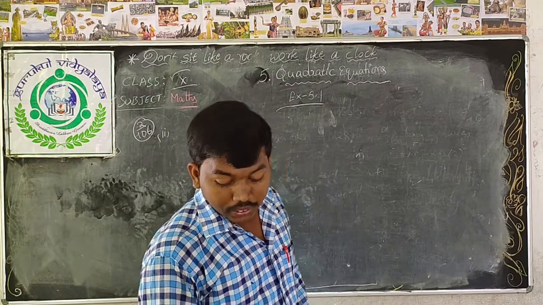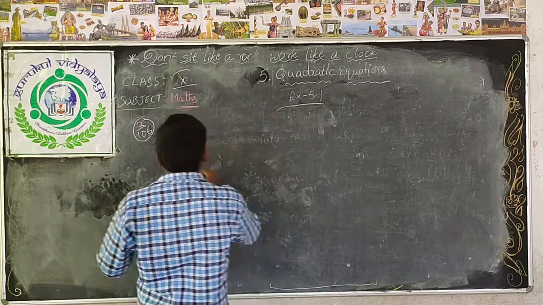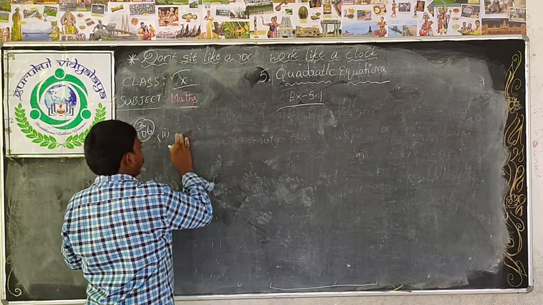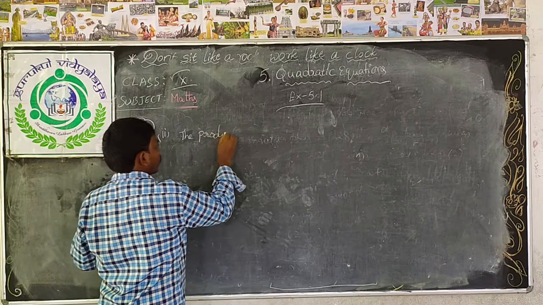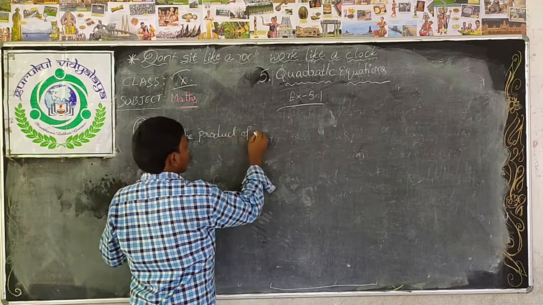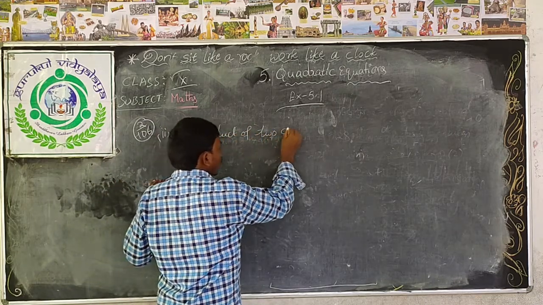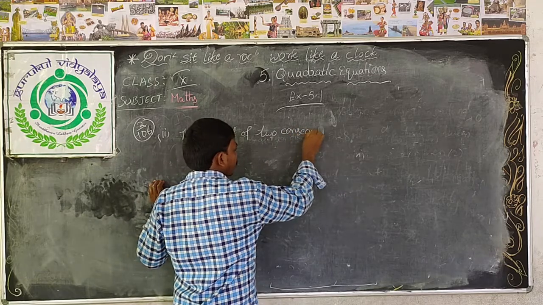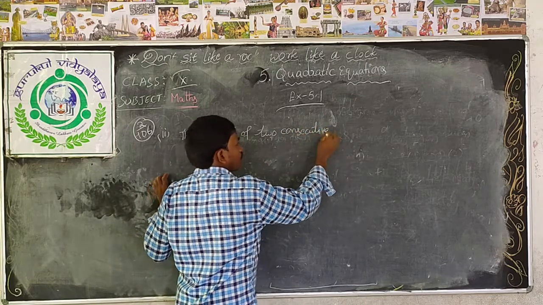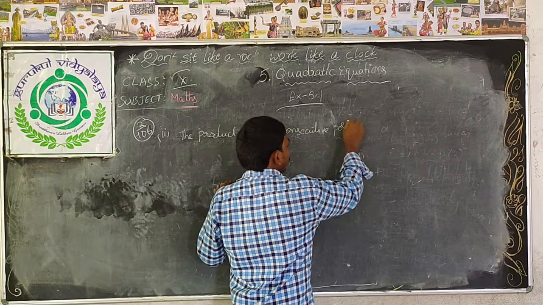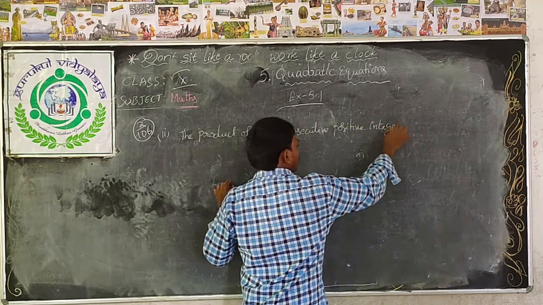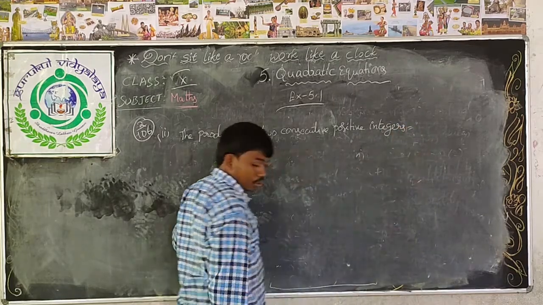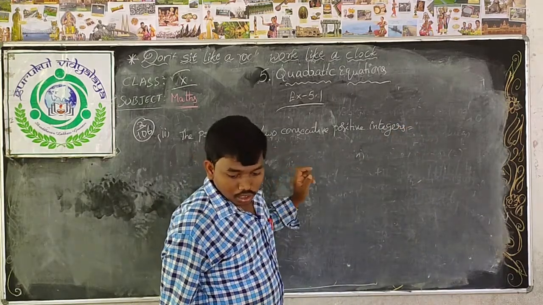We need to find the integers. Given that the product of two consecutive positive integers is equal to 306.